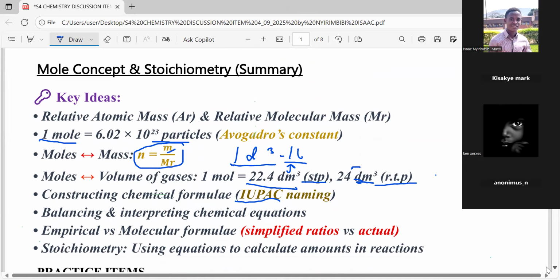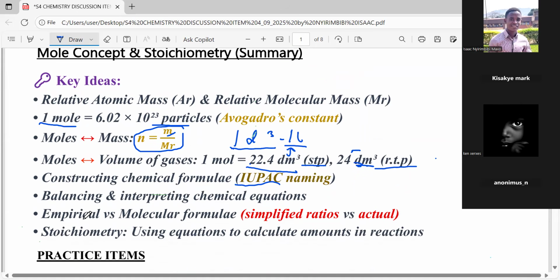Then we have this relationship between the empirical formula versus the molecular formula, or here we have said the simplified ratios versus actual. I believe you know very well that the molecular formula represents the actual number of atoms present in the compound, while the empirical formula is just the simple ratio of atoms present in the compound.